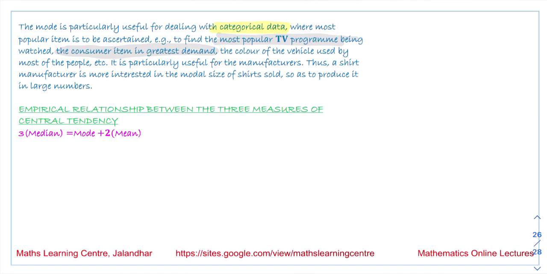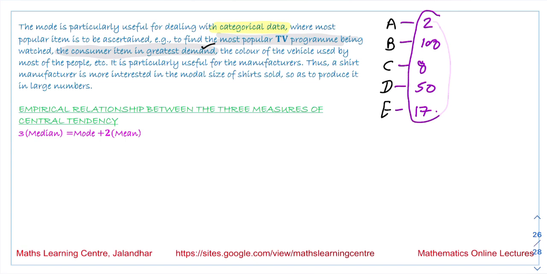Suppose I am talking about the consumer item in greatest demand. There are items A, B, C, D, E, and we look at the demand of these items, that is, the number of persons purchasing each item: 2, 100, 8, 50, 17.